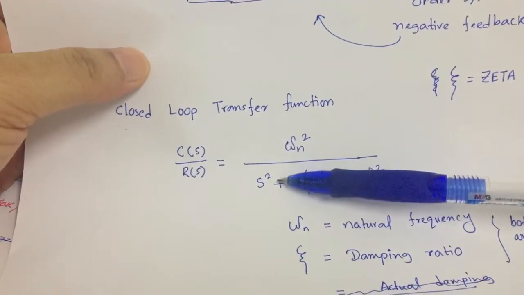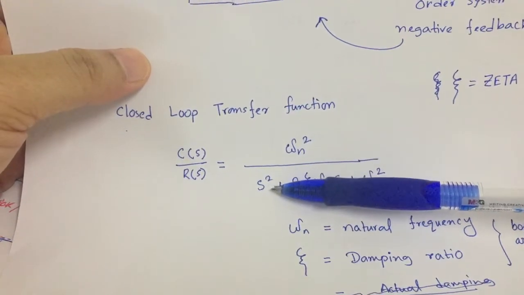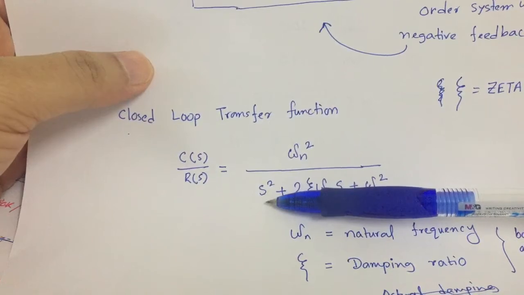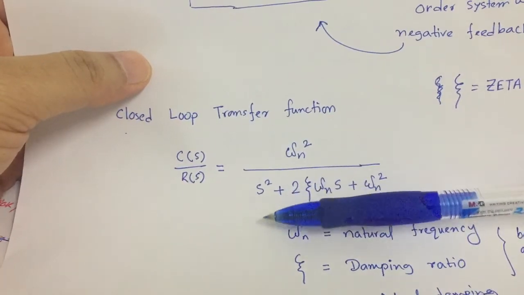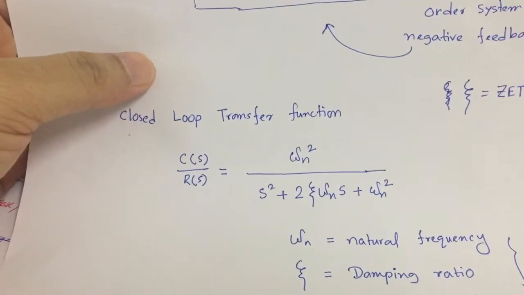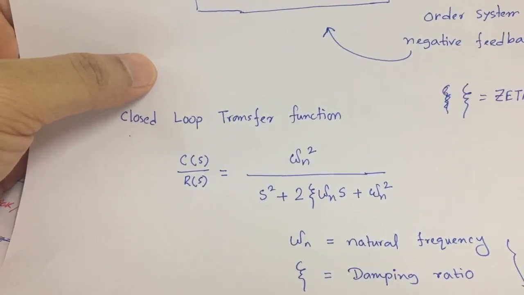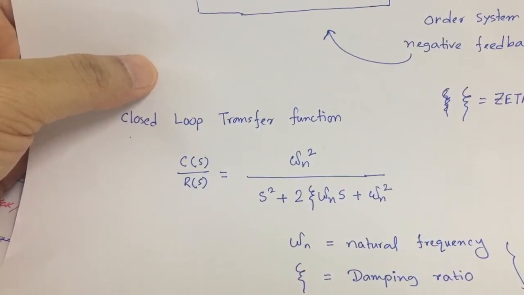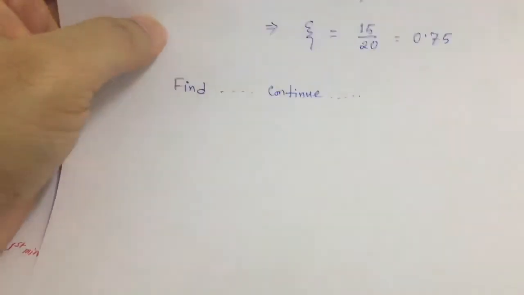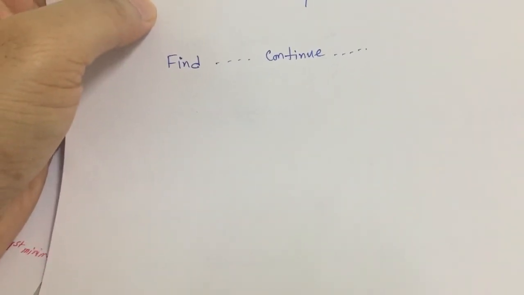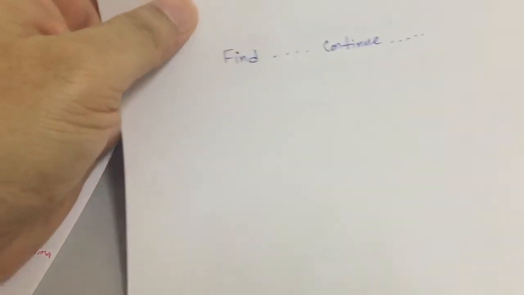We know it is a second order system if the maximum power of s at the denominator is 2. From the last class we know that if the maximum power of s at the denominator is 1, that is a first order system. From the system we can determine what system it is.